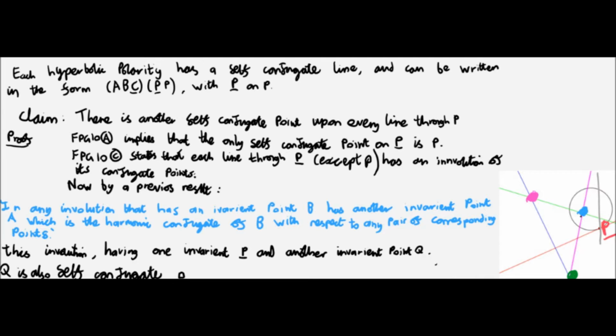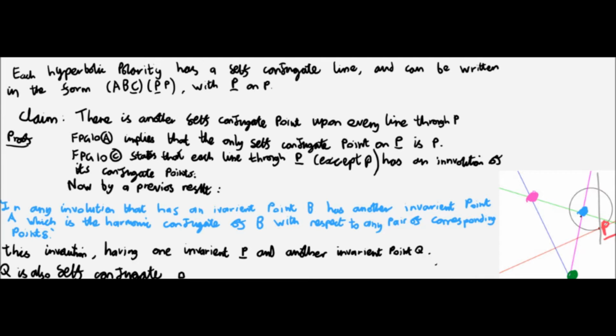So what that essentially means is that the second line which we chose, which is drawn in grey on the diagram, has yet another point which is an invariant point under the involution. But the big picture is that under the hyperbolic polarity, that new point on that grey line is a self-conjugate point.